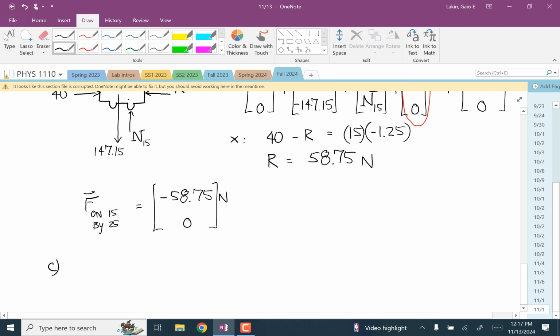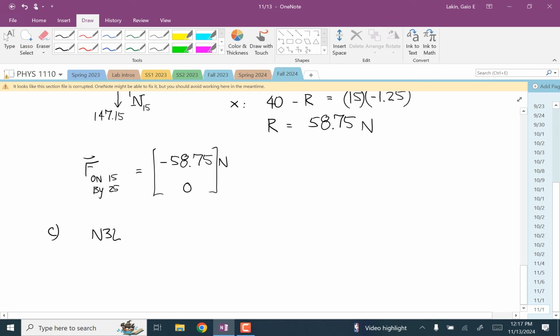But an easier way to do it is recognize that this is a Newton's third law pair. This is just two objects applying forces to each other. And so the force on the 25 by the 15 is the negative of the force on the 15 by the 25. And so that's positive 58.750.